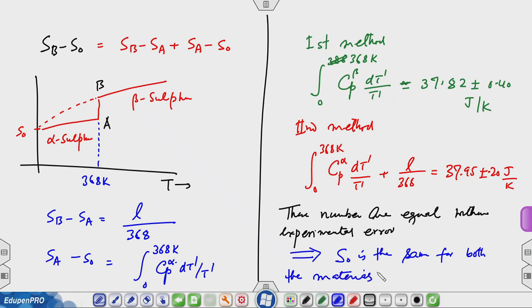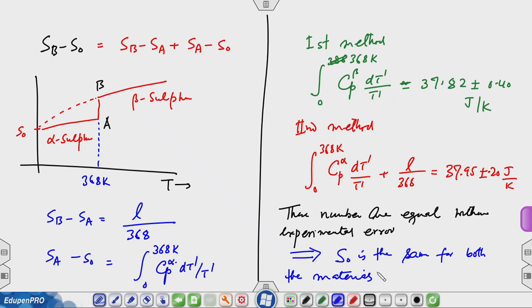And that shows experimentally that Planck's statement is correct. The entropy for perfect crystals, and then as noted earlier, for other materials, goes to 0 or goes to a constant as T tends to 0, and we can take this to be 0.